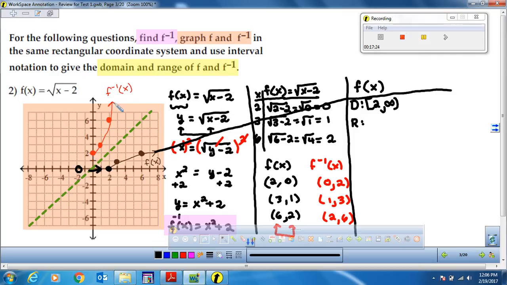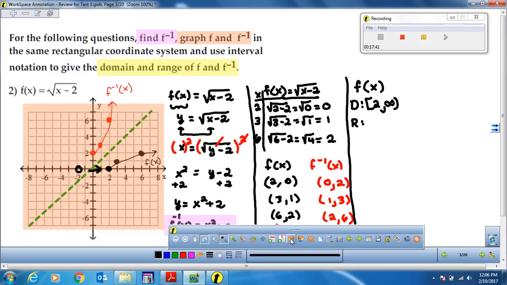So 6 is on the graph, 7 is on the graph, 8 is on the graph. So it goes all the way up to positive infinity. So the range is going to be every value of y, including 0, all the way to positive infinity. Okay, so we're going to write it like this, bracket, 0, comma, infinity.